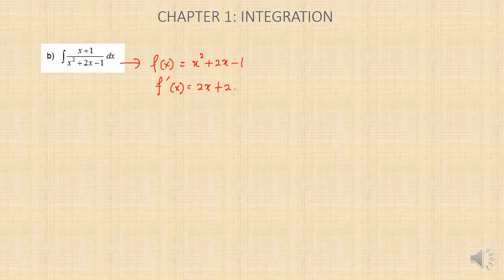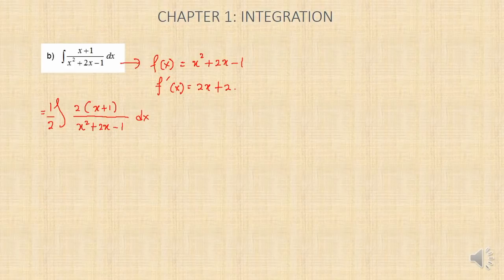So if I turn the numerator x plus 1 into 2x plus 2, which means I multiply by 2, then I multiply by 1 over 2 to balance it, divided by x squared plus 2x minus 1.